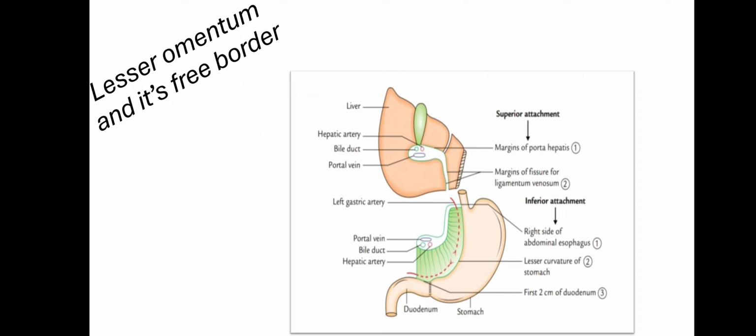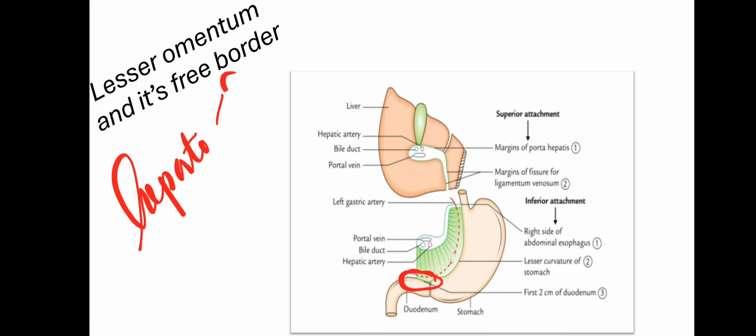We'll see now. This is the lesser omentum from the lesser curvature of the stomach, because it has its attachment to the liver. It is otherwise called the hepatogastric ligament. Because it has a little bit of attachment to the duodenum, it is also called the hepatoduodenal ligament.